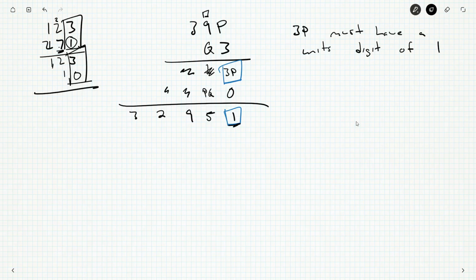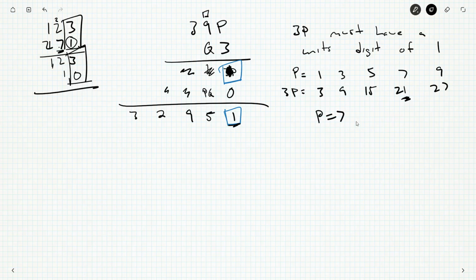So we ask ourselves, okay, P could be 1, 3, 5, 7, or 9. 3P would be 3, 9, 15, 21, 27. 3 is quite special in that only one of these has a 1 at the end. So P is equal to 7, and we'd get the 21 here, we'd carry a 2, and so on. And the whole calculation would proceed from there.